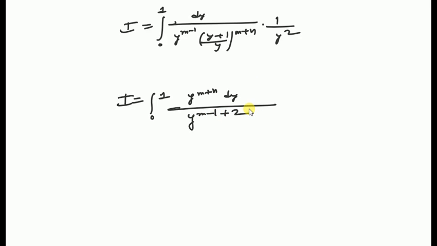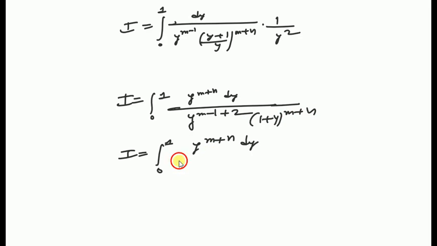Okay, then what I left here, then I will be equal to 0 to 1 y power m plus n into dy divided by, and of course I forgot one term, that will be (1 plus y) whole power m plus n. So in the denominator what I have, y power m plus 1, so that is (1 plus y) whole power m plus n.